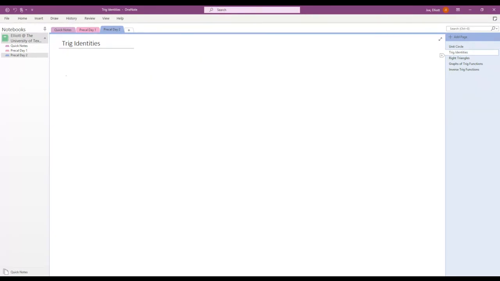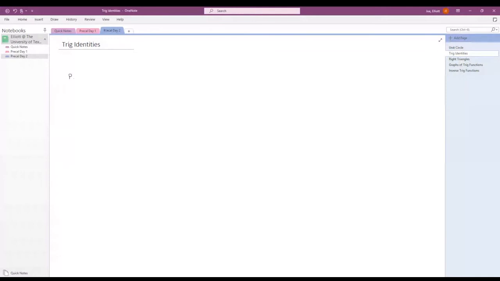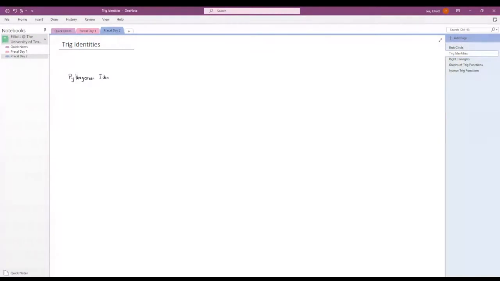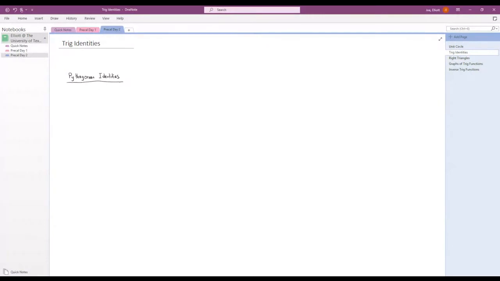I'll start with the Pythagorean identities. There's 3 of them, although you can probably get by with just 2 of them, but I'll mention all 3.